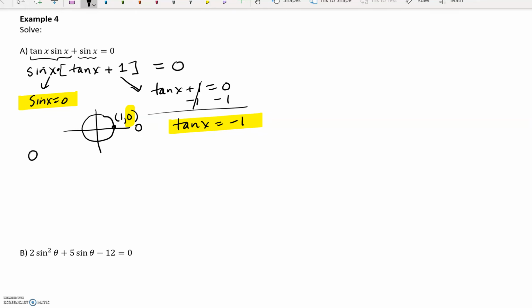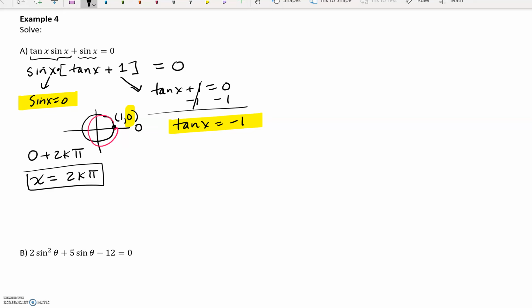So I basically have 0, and then I can pick up more solutions if I keep going the period of sine, which is 2k pi. So there's one of my answers, 0 plus 2k pi, which just means even multiples of 2 pi.